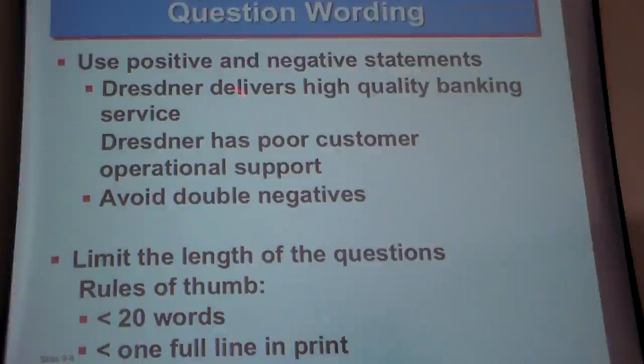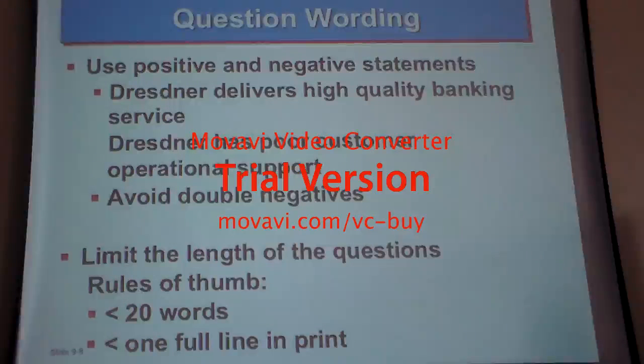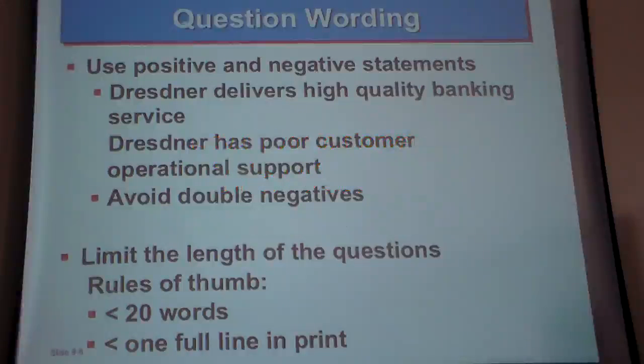Question wording: also use positive and negative statements. Why should we use positive and negative? If you just use positive, positive, positive, positive, then the scale will be the same. Then maybe the respondent, if he is biased, will just choose one column. Okay?